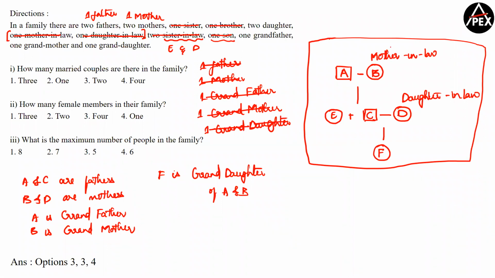Two fathers are A and C, two mothers are B and D, one sister is E, one brother is C. Two daughters: I can say that E is a daughter of A and B, and F is a daughter of C and D. So E and F are daughters.